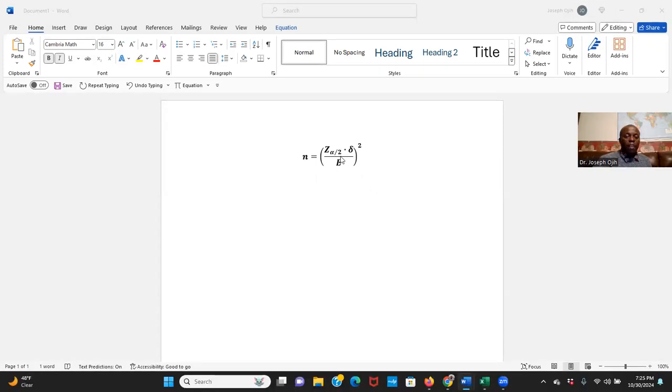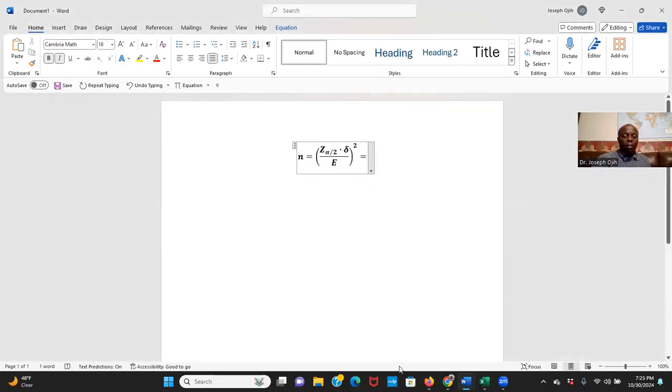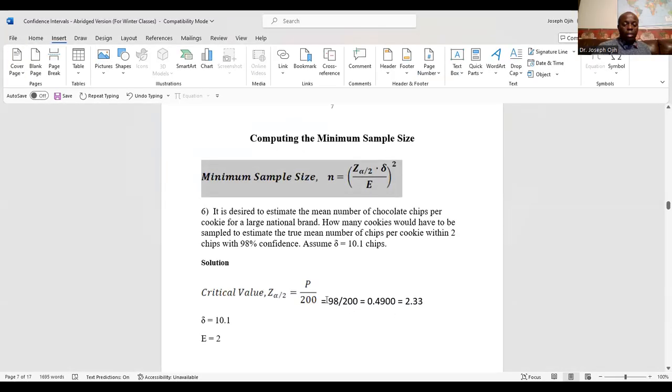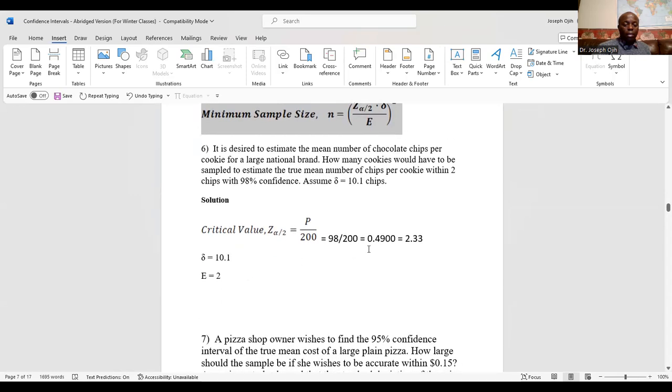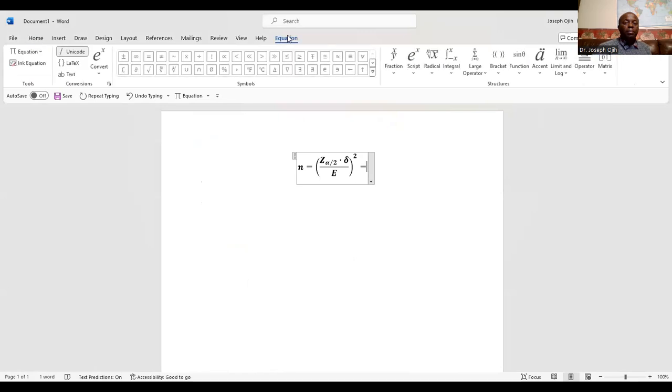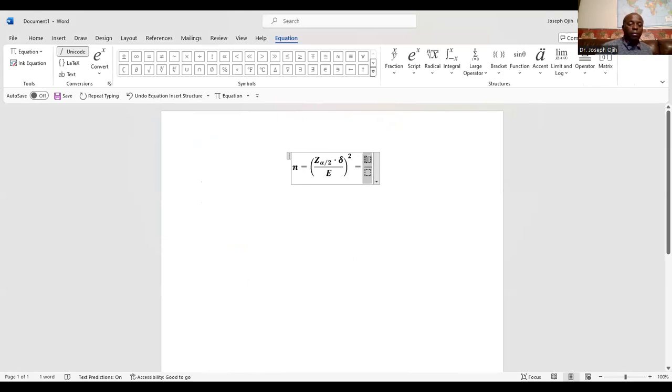So you see Z alpha over 2, which we have already calculated here, is 2.33. So I'm going to put 2.33 right there.